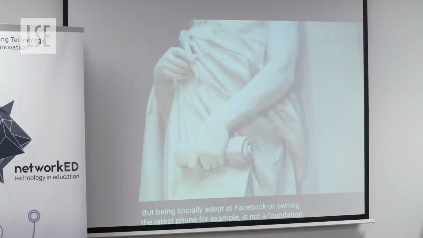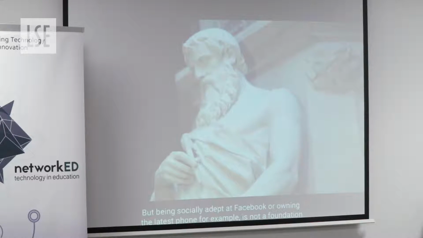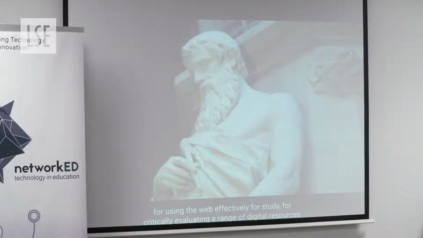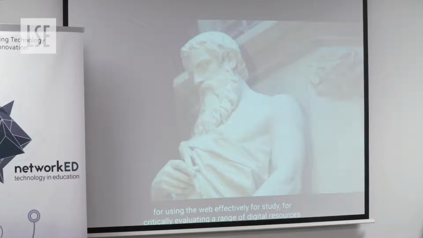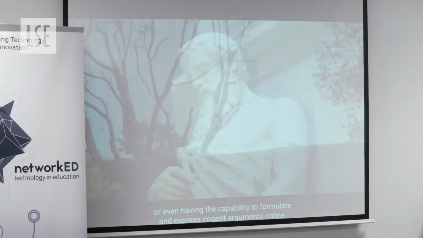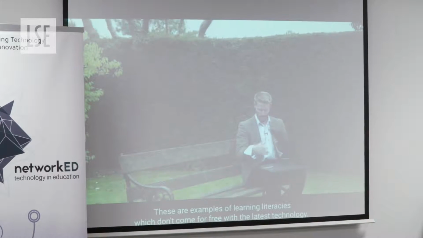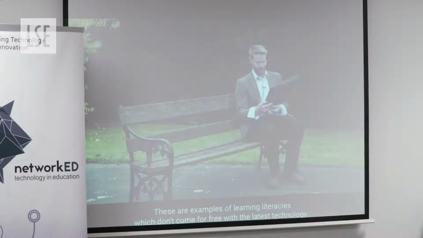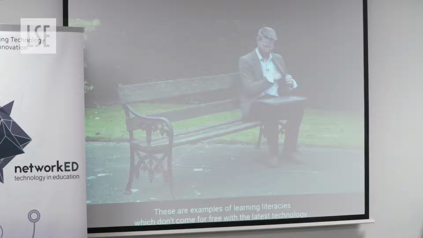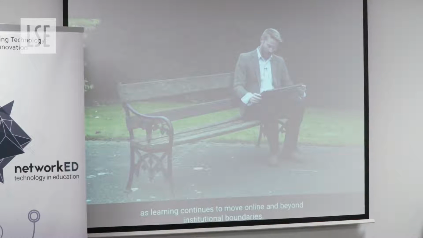But being socially adept at Facebook or owning the latest phone, for example, is not a foundation for using the web effectively for study, for critically evaluating a range of digital resources, or even having the capability to formulate and express cogent arguments online. These are examples of learning literacies which don't come for free with the latest technology. Literacies which are all the more crucial as learning continues to move online and beyond institutional boundaries.